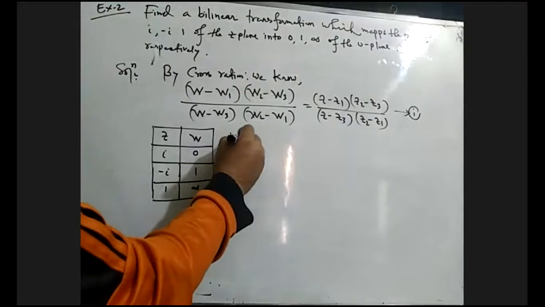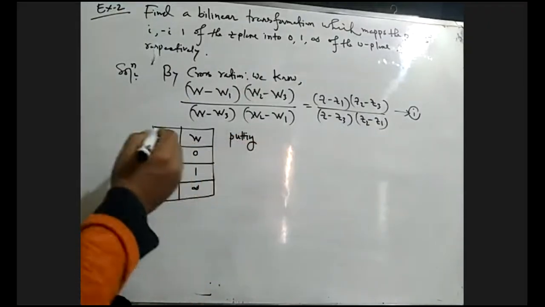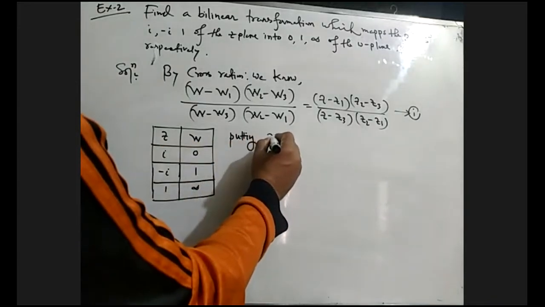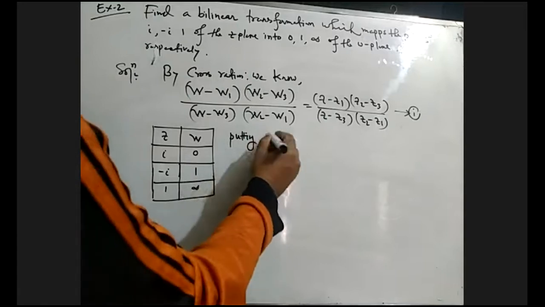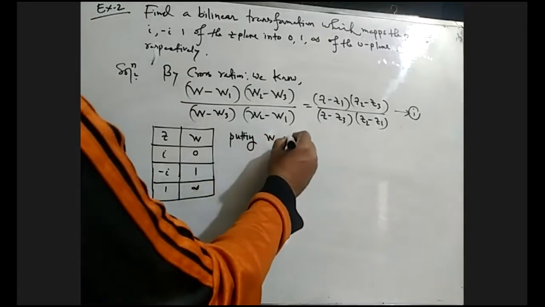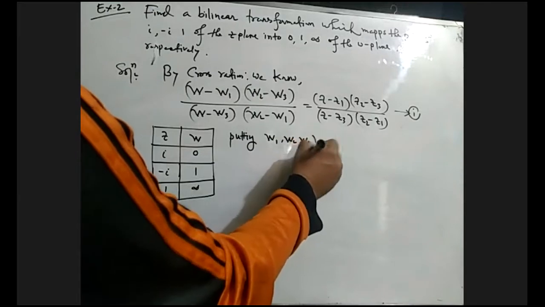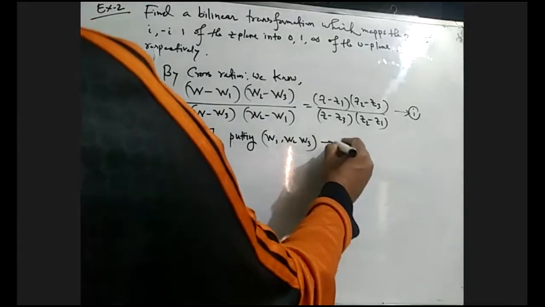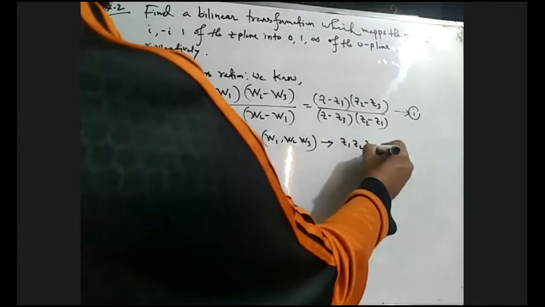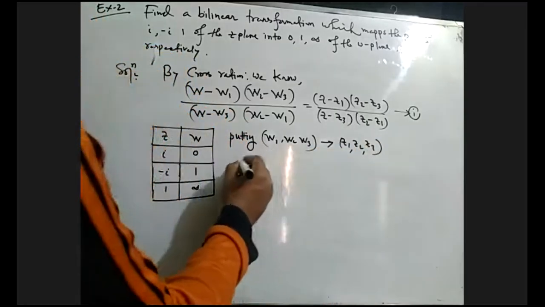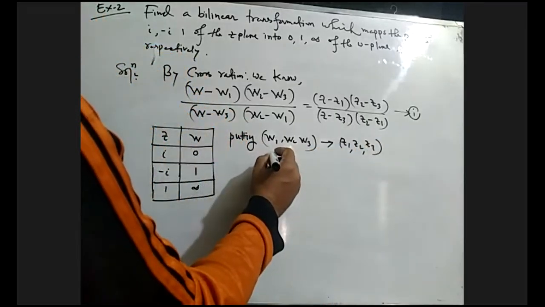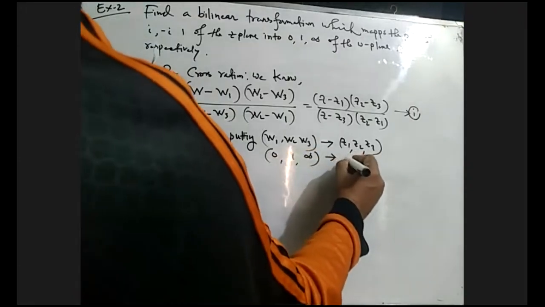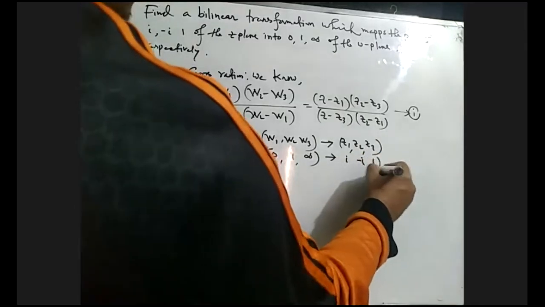Now W1, W2, W3 map to Z1, Z2, Z3. That means 0, 1, infinity will map to i, minus i, 1.